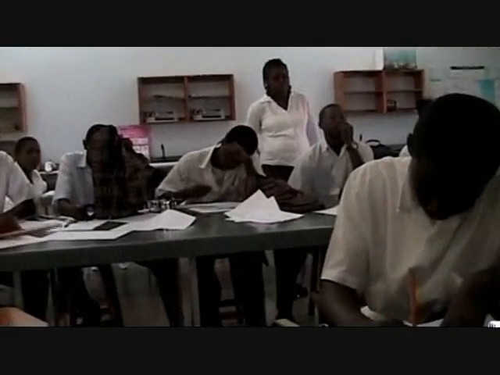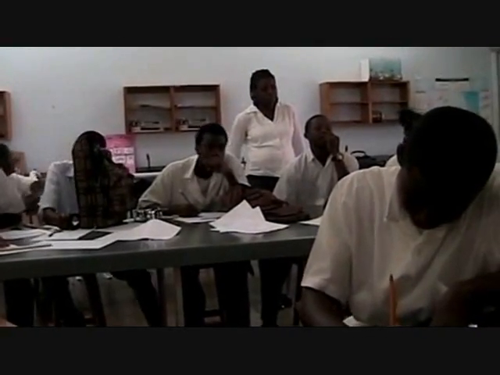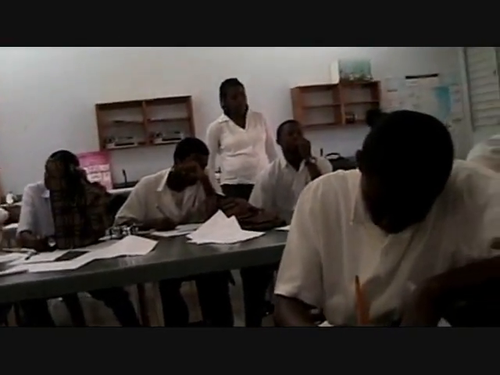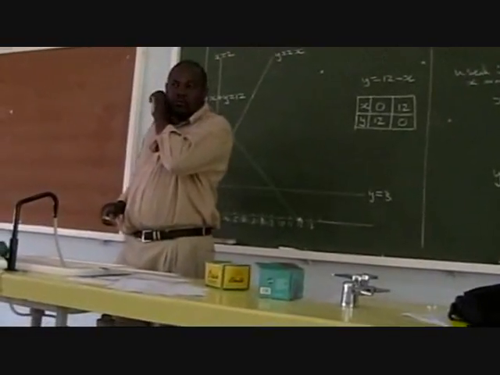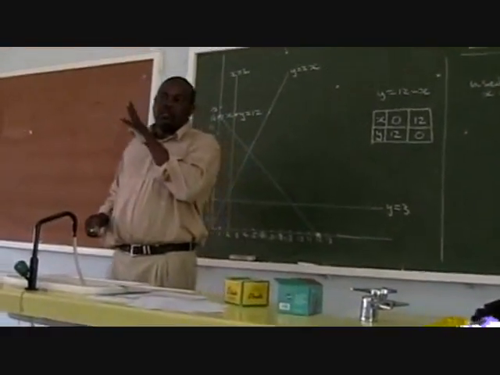When you are doing a linear programming situation, what's the first thing you should do? Alright, and what is the second thing you should do? Graph the model. What is the next thing you should do? Locate the common region. To locate the common region, there are several ways of doing it.